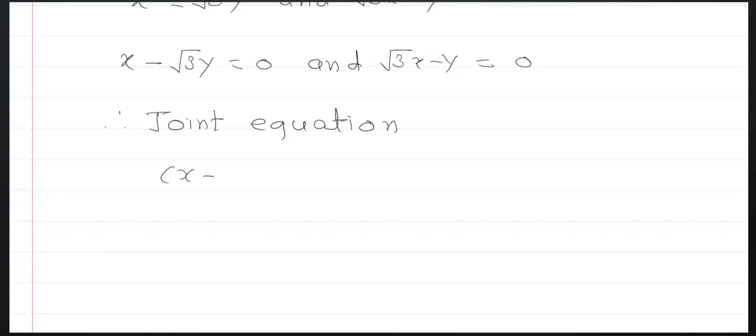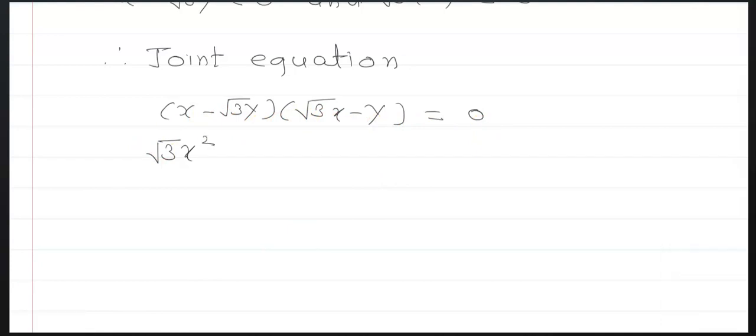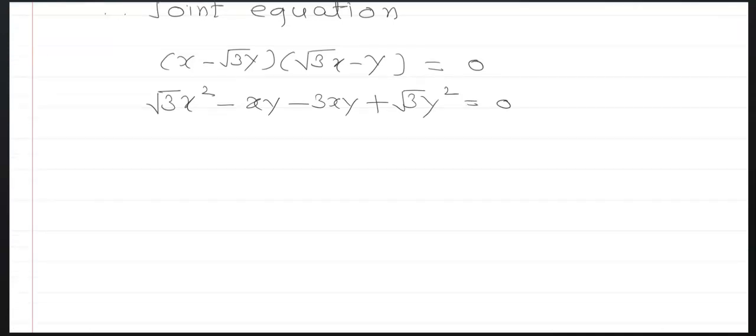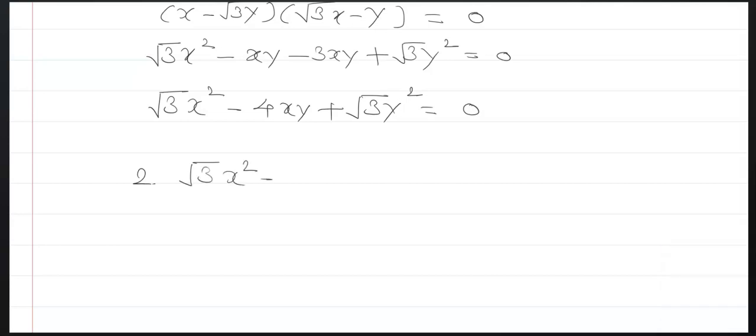Therefore, the joint equation of the lines is x minus root 3 y into root 3 x minus y is equal to 0. Therefore, root 3 x square minus xy minus 3xy plus root 3 y square is equal to 0. Simplify this, that is root 3 x square minus 4xy plus root 3 y square is equal to 0, and hence option second is the correct one.